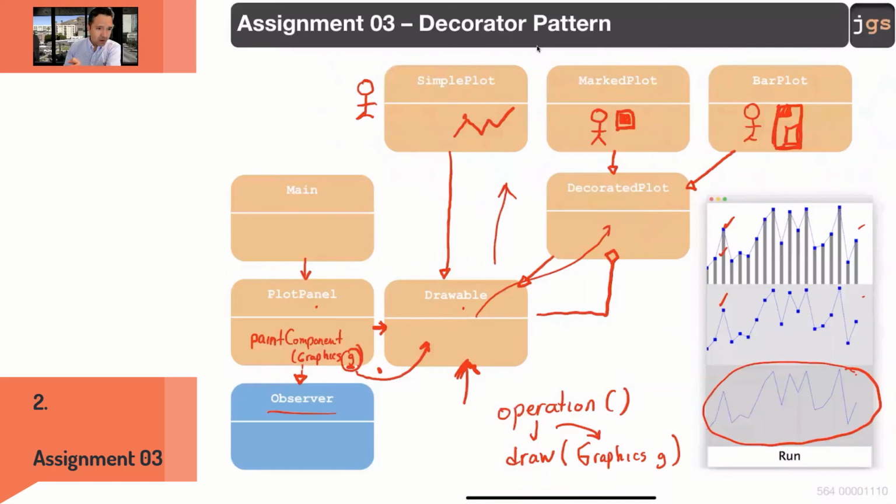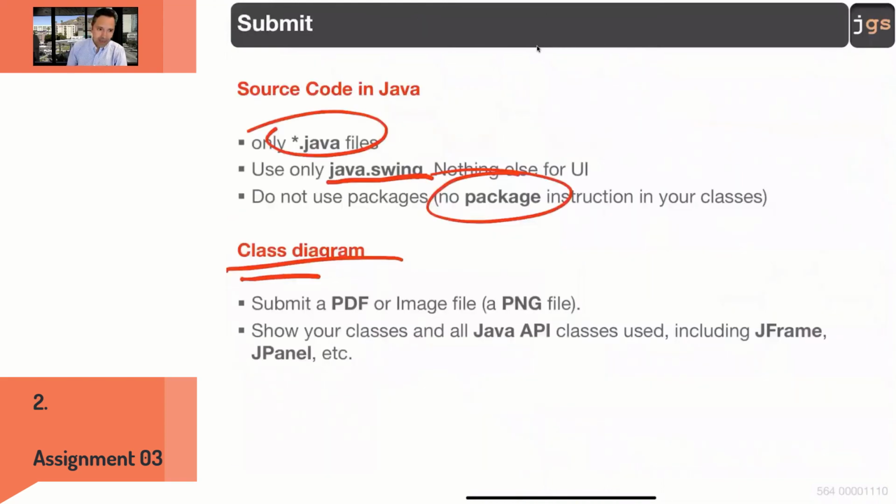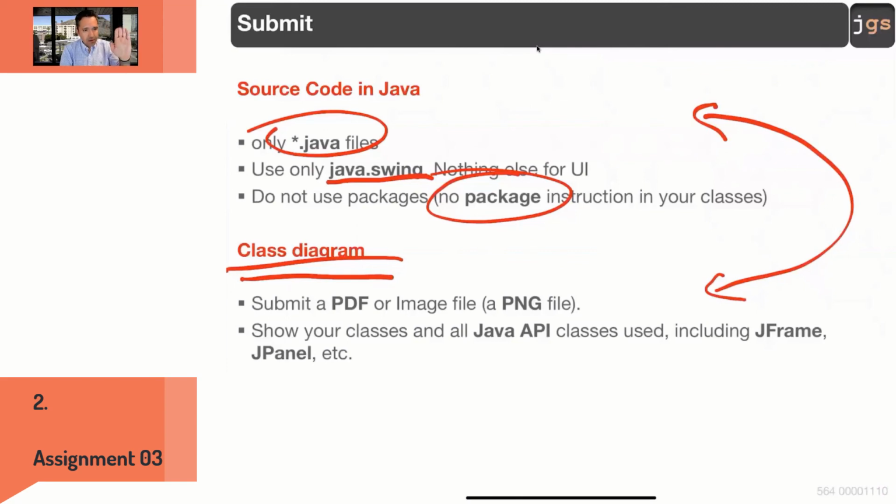Maybe you agree with my connections, but at the end, I am asking you to submit the class diagram that matches your source code. One of the most important things that we're going to review is, okay, this is your source code, and your class diagram matches your source code.